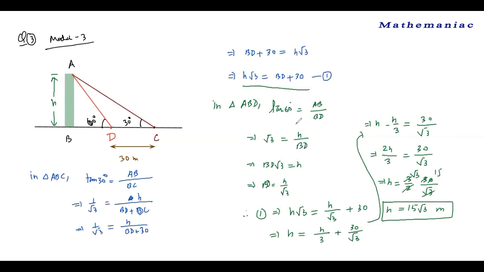Okay, so I'll go for the next model. There is another model. Now, model number 4. I write it in the form of a question.